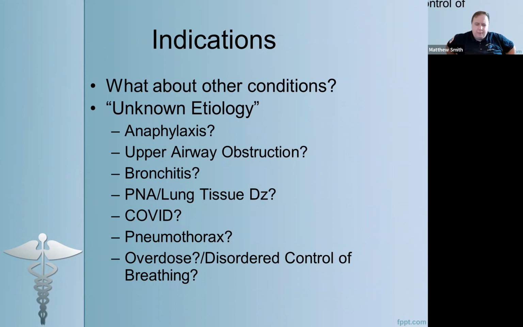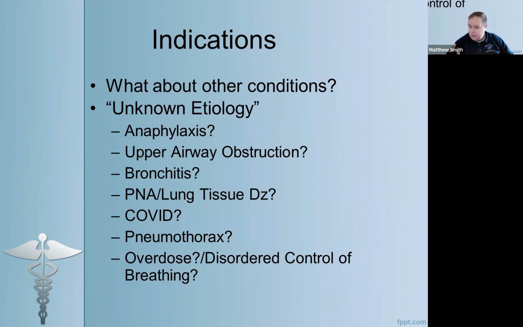So similarly, upper airway obstruction, croup, epiglottitis, this is not a good indication for using CPAP. These are our patients with stridor, right, with a croupy cough. The reason is that there's very little benefit that you're going to see with CPAP. CPAP is good at opening up the lower airways because those airways are pliable, they're compliant.